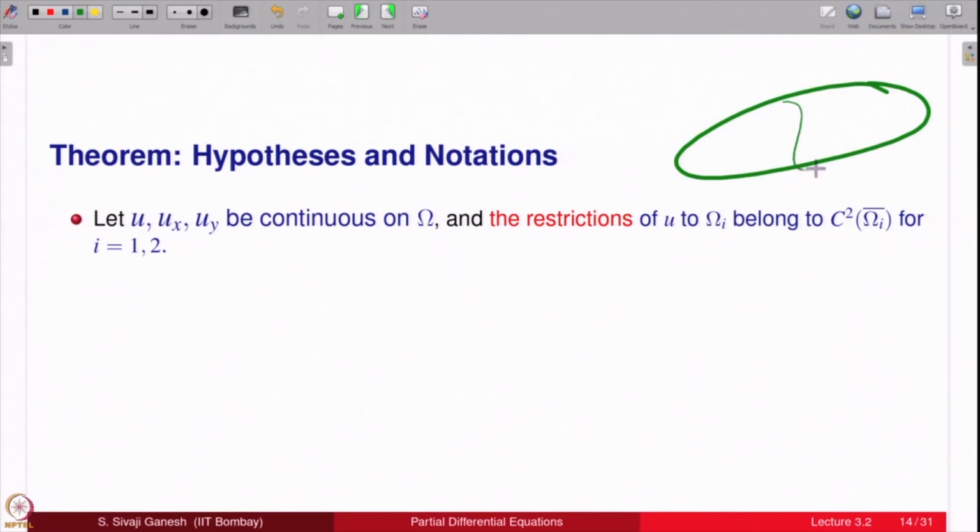So, if I assume u1 is C2 of omega 1 bar, it means that second order derivatives of u are defined on gamma because they are continuous in omega 1 bar. That is the reason why we have this condition.